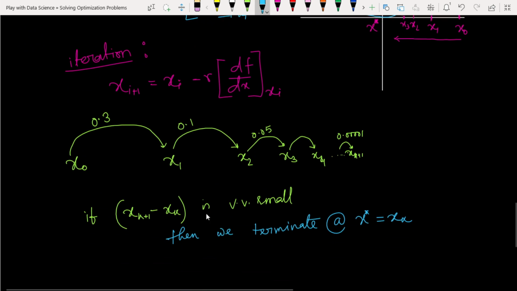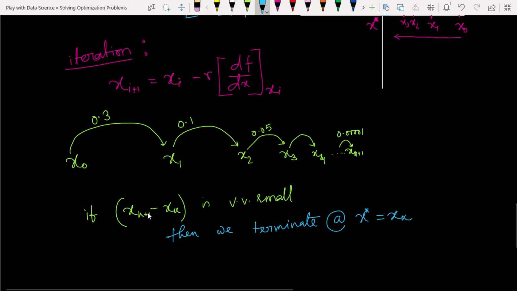After k iterations, if we see that the difference between xk plus 1 and xk is very small, then we terminate our iterations and decide that xk is our optimal value according to our requirement.